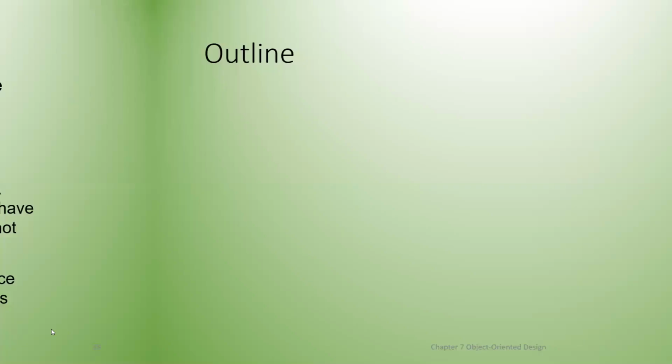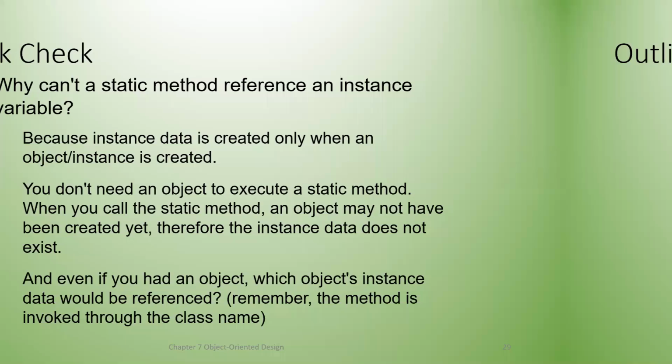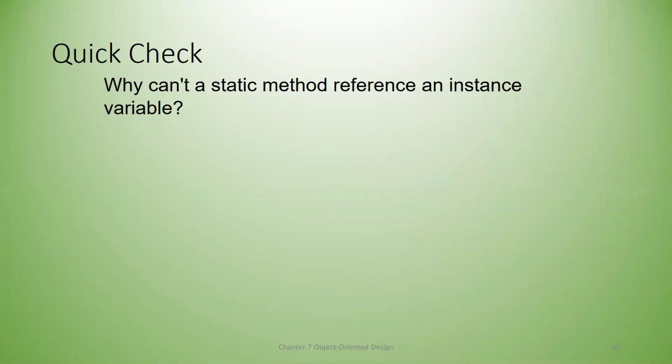Let's see. Why can't a static method reference an instance variable? Oh, I have the answer there already. But you think, let's not look at that yet. Why can't a static method reference an instance variable? Everybody? Because it's not created yet.